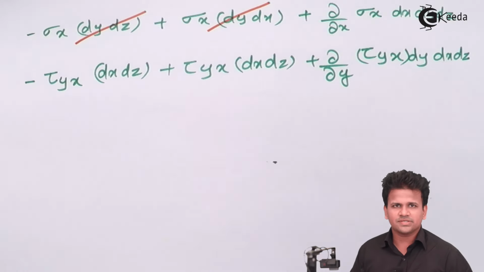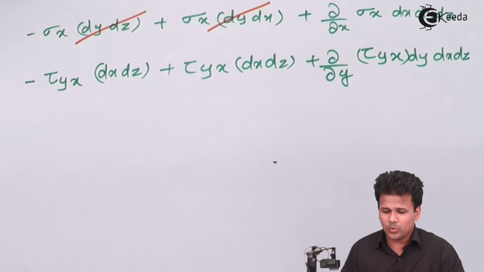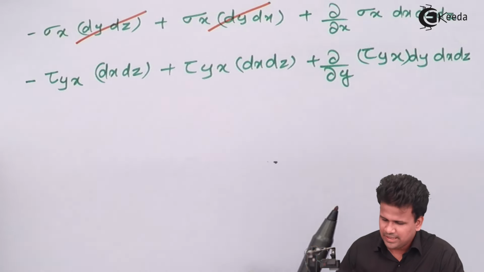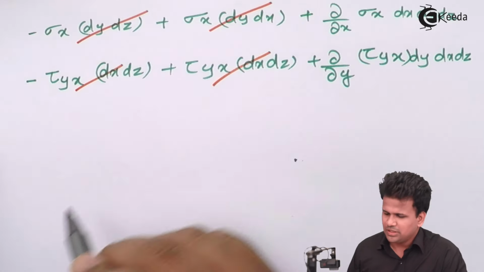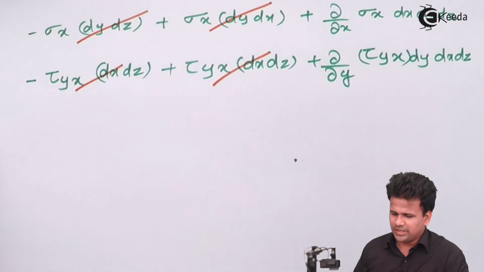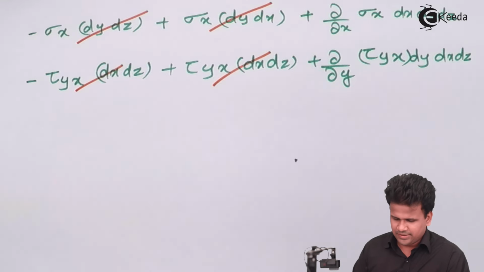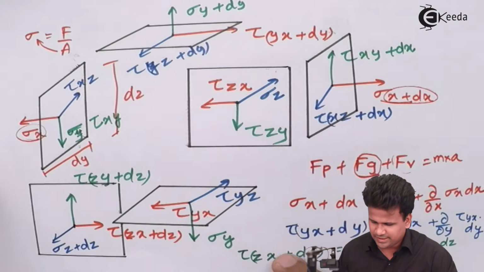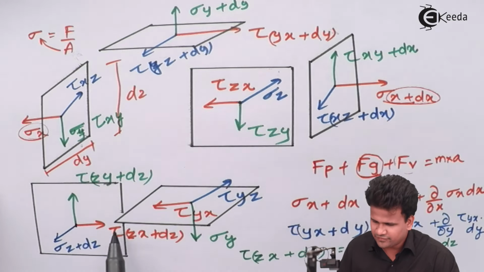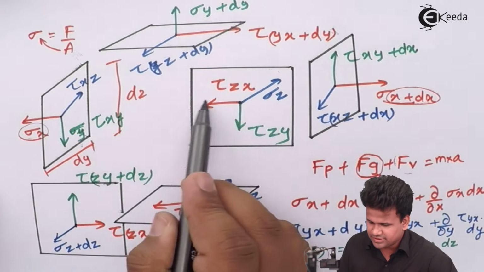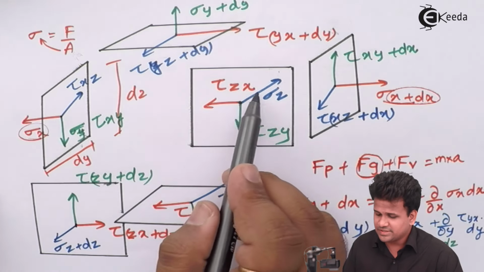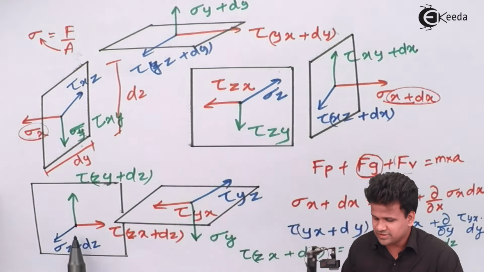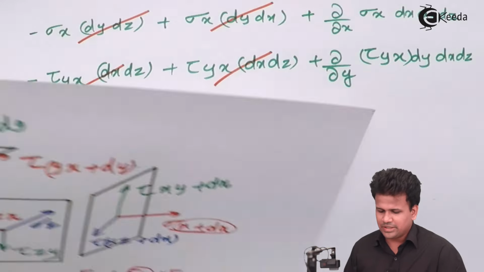So we have written the second part, that is for y plane, x direction. These two terms will go away and we will be left with only one term. And lastly we'll write down along z direction. Along x direction on the z plane, this is going towards left, this is going towards right. So let us quickly write this down.